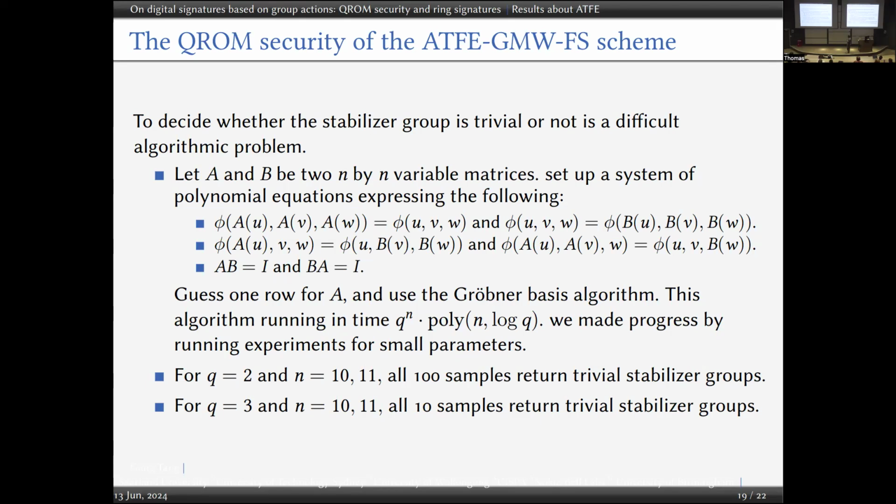Okay, we did the experiment on some small parameters. For q equal to 2, with n equal to 10 and 11, all 100 samples return trivial stabilizer groups. For q equal to 3 and n equal to 10 and 11, 10 samples also return trivial stabilizer groups.